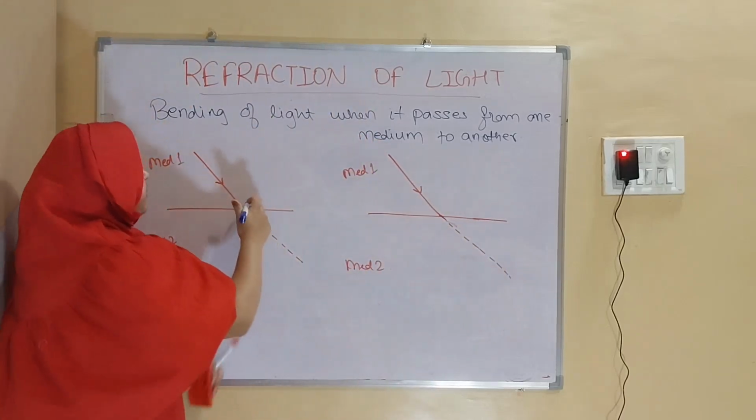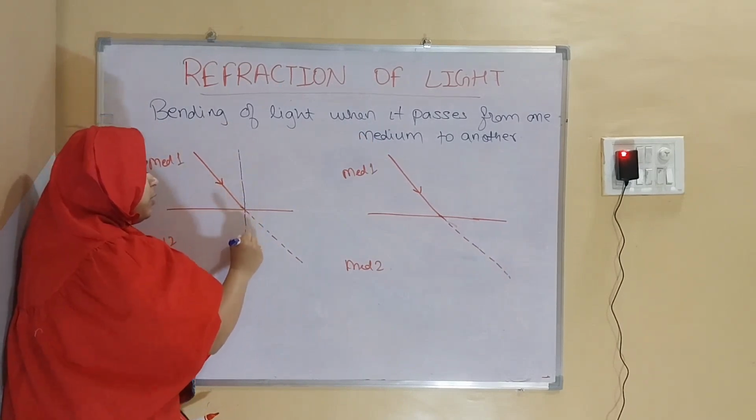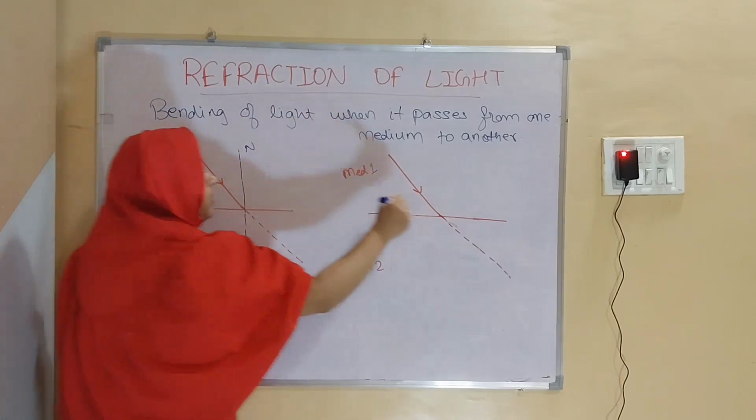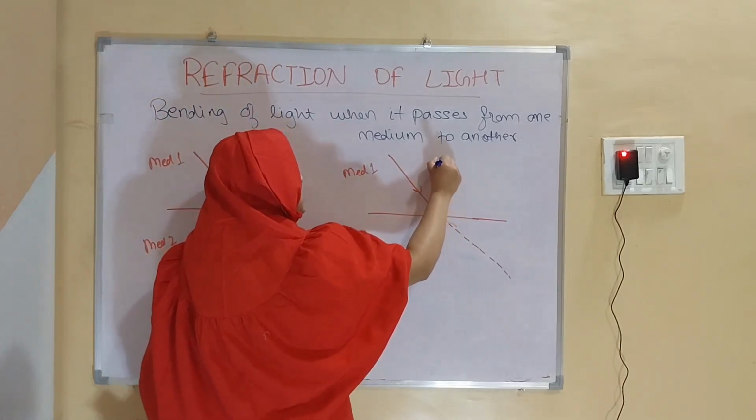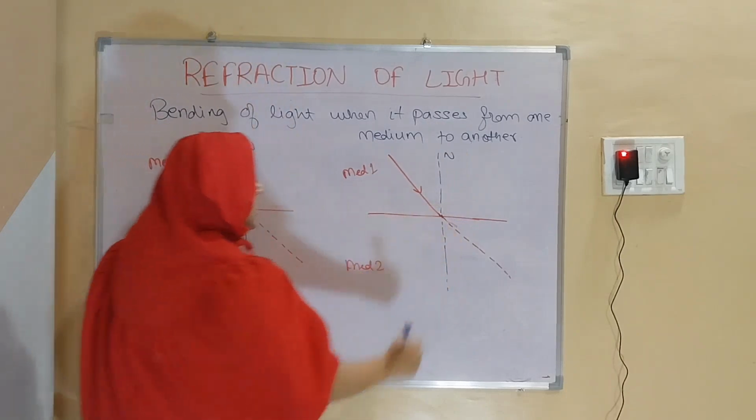Now what we do is we draw the normal on both the diagrams.